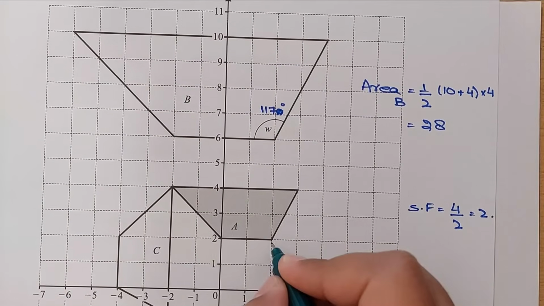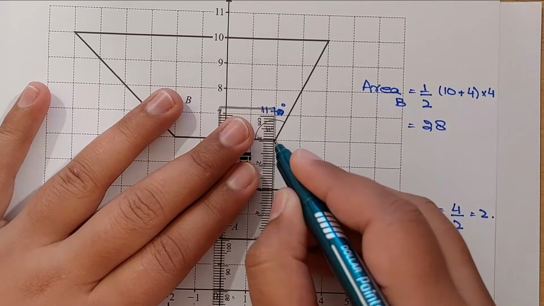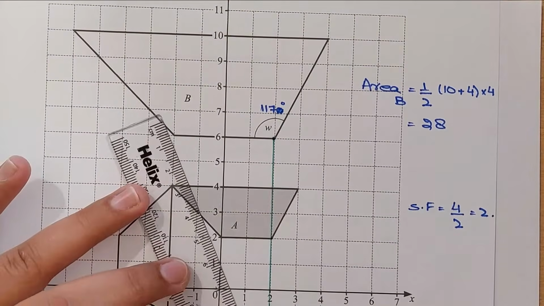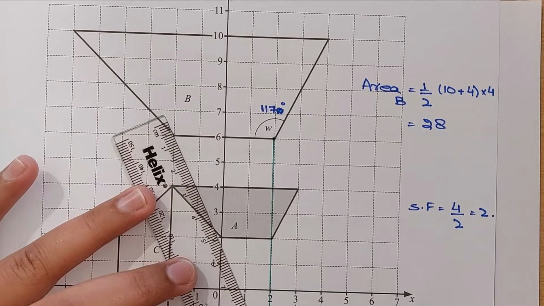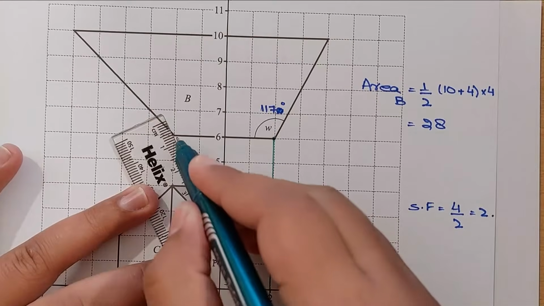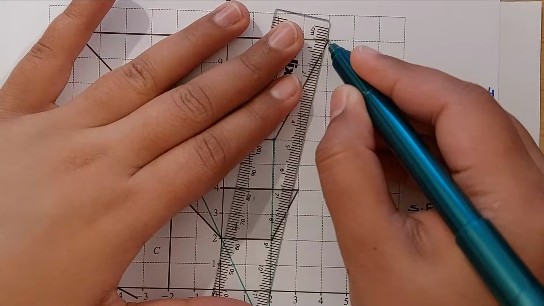Okay, so this point of A is basically this point on B. Let me connect the points, and these 2 points as well, this and this point.